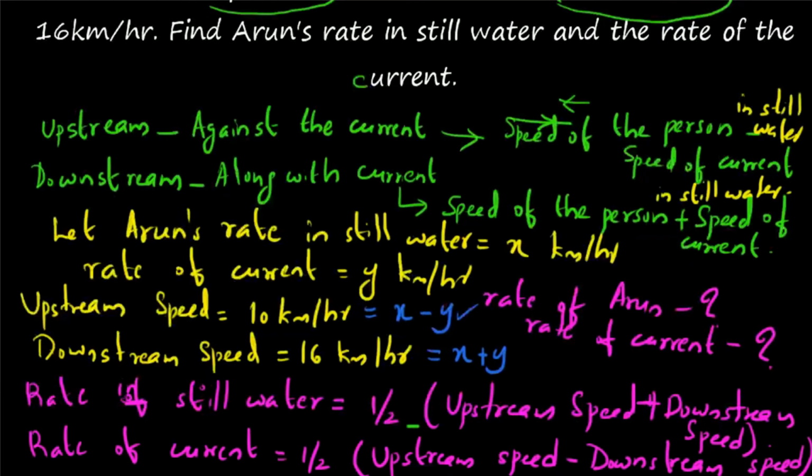So if you just understand the concept and if you remember that speed of Arun or speed of boat or whatever is given in still water will be given by half into upstream speed plus downstream speed, and the speed of the current or speed of the stream will be half into downstream speed minus upstream speed. Okay, so downstream speed will be always greater. Here it is downstream speed minus upstream speed. Always downstream speed will be greater when compared to upstream speed. So half into downstream speed minus upstream speed.